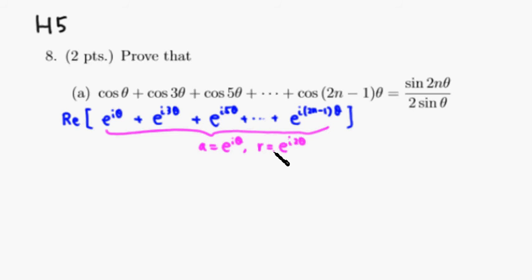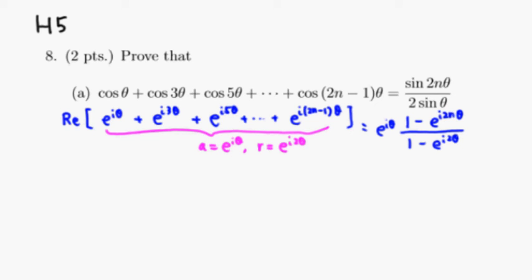So we can just use the formula: a is e to the i theta, times 1 minus r, which is e to the i 2 theta raised to the n, so e to the i 2n theta, over 1 minus e to the i 2 theta.